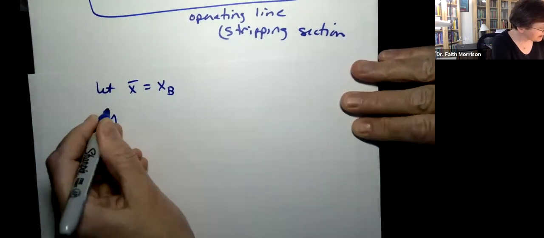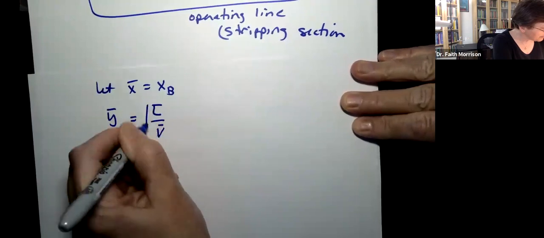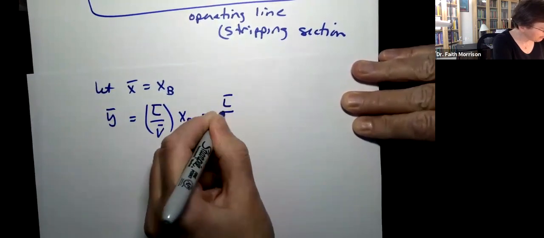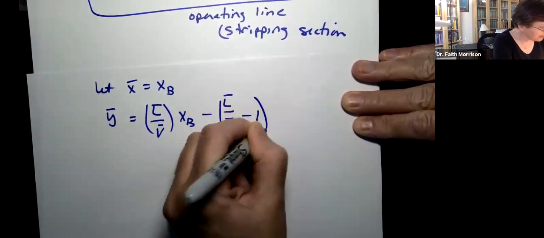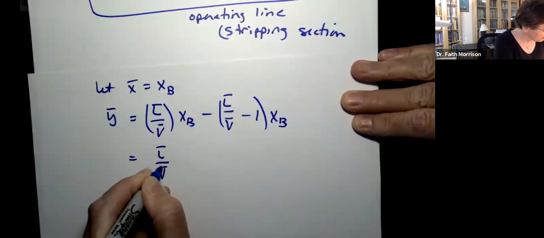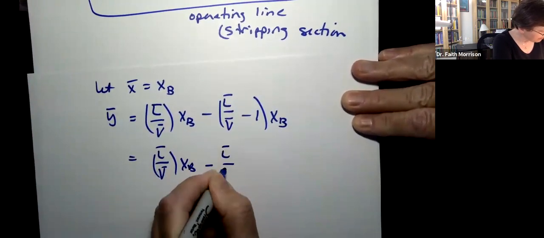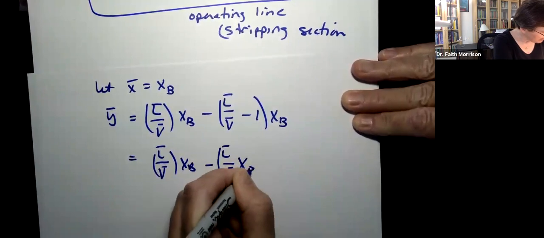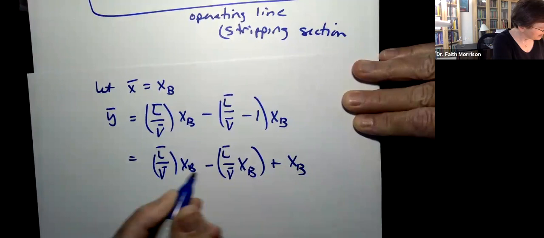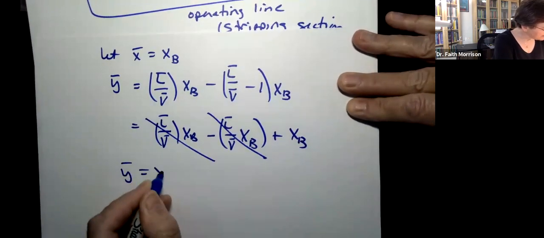So y equals L bar over V bar XB minus L bar over V bar minus 1 XB, equals L bar over V bar XB minus L bar over V bar XB plus XB. So these two cancel, and we get that Y bar equals XB.